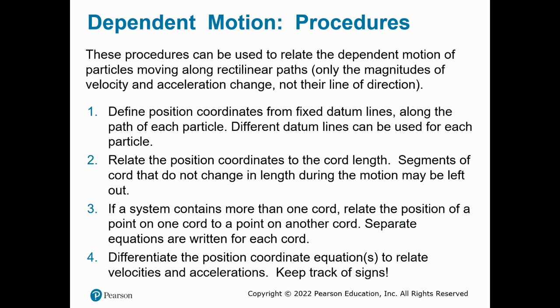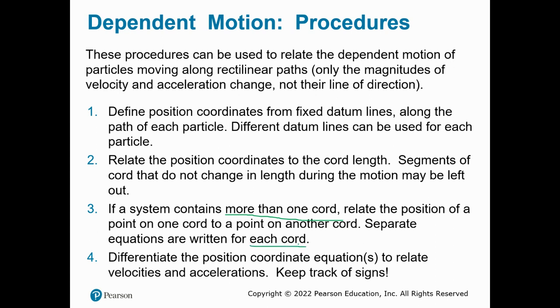Number 3, if a system contains more than one chord, as we will see in an example like this, you relate the position of a point on one chord to a point on another. Separate equations are written for each chord. In other words, the total length of each chord is a constant.